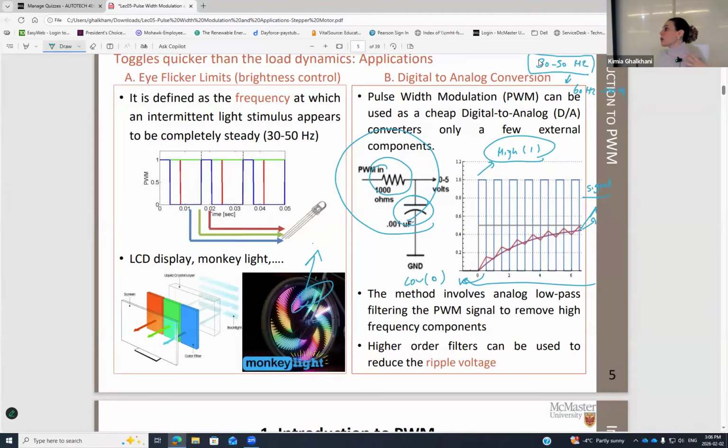Therefore, resistor is helping to reduce the voltage. It's going to be dissipated as heat, and then the remaining voltage is going to be passed to the capacitor. It's going to hold the voltage, and this could continuously happen until we have a continuous signal. Make sense?